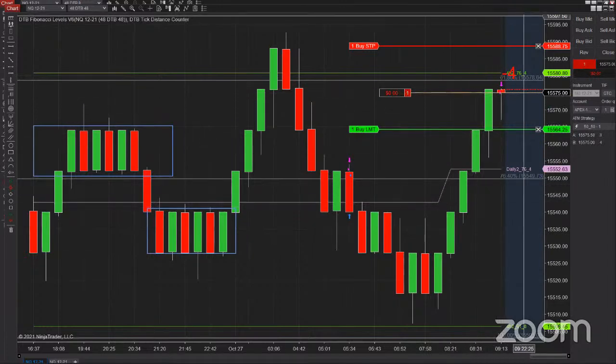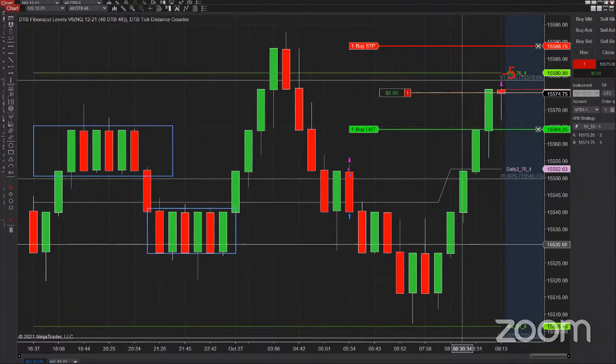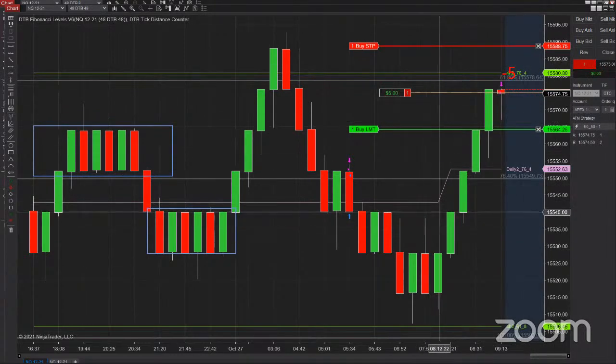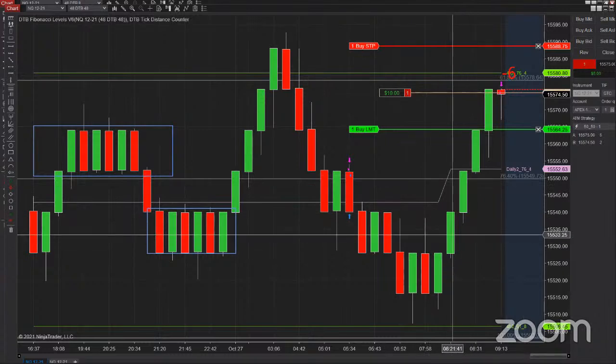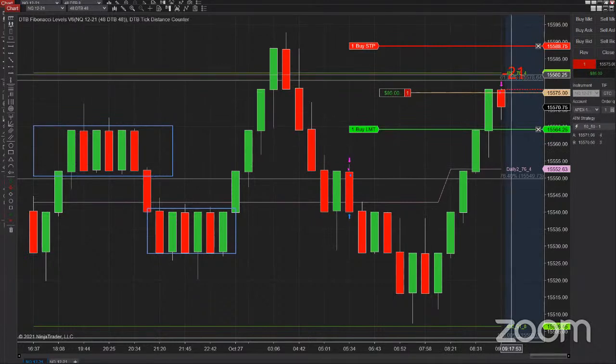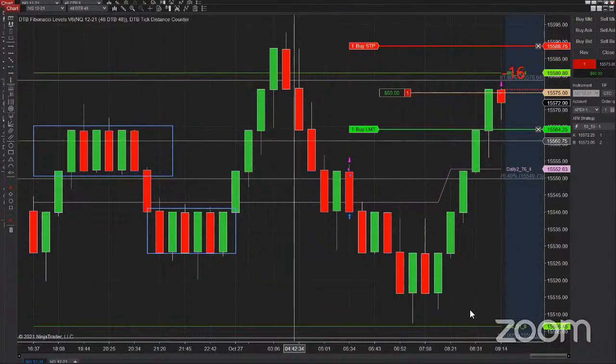This could be one that just shoots up again because we've had a lot of candles just go straight up before that. So these are just little ones where the odds are slightly in your favor because the price is approaching a stronger Fibonacci level. That's basically all it is. That's what we're trying to do. Okay, so that is that.